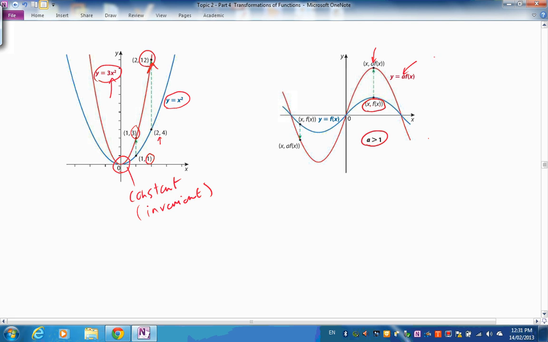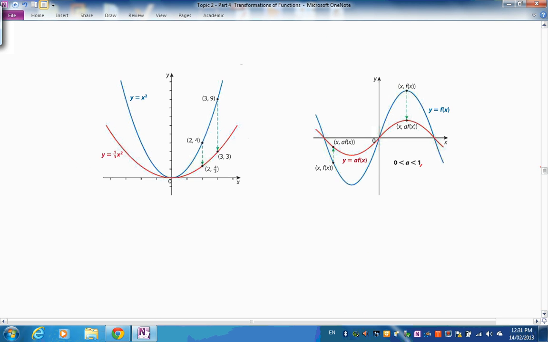Here it is here. So it's stretched by a scale factor of a. We can see, because it's gone up, that a here must have been bigger than 1. 2, 3, 2.5, but not a half. That will shrink it, won't it? Let's have a look at that. So down here, when you look at x squared, and you put a third in front of it, when x is 3, y is 9 on x squared.